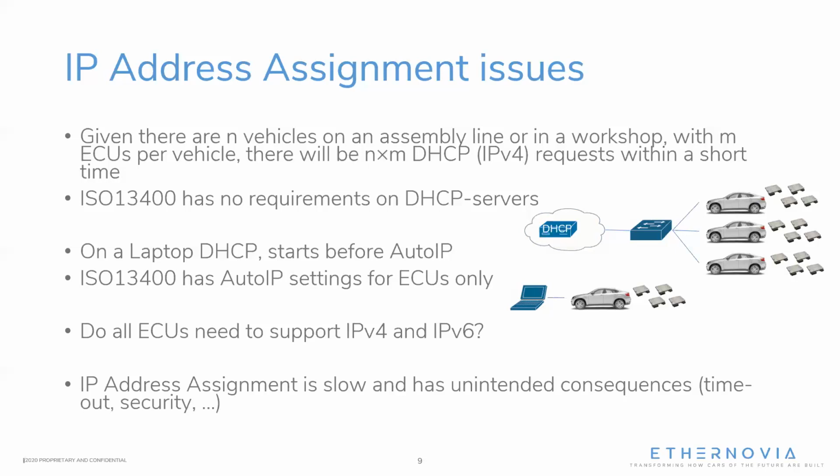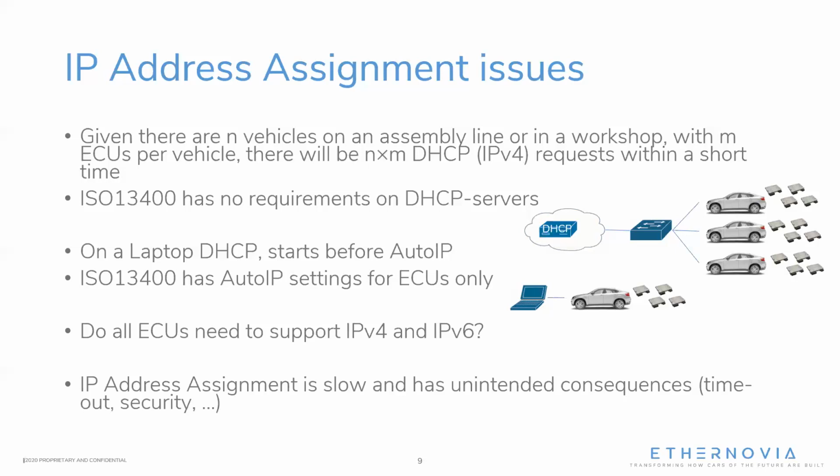Or on the other hand, on the laptop, the DHCP starts before the auto IP process. And while ISO 13400 has optimized the auto IP settings for ECUs, it could not optimize the settings for laptops. ISO 13400 also leaves open the question of whether to use IPv4 or IPv6.